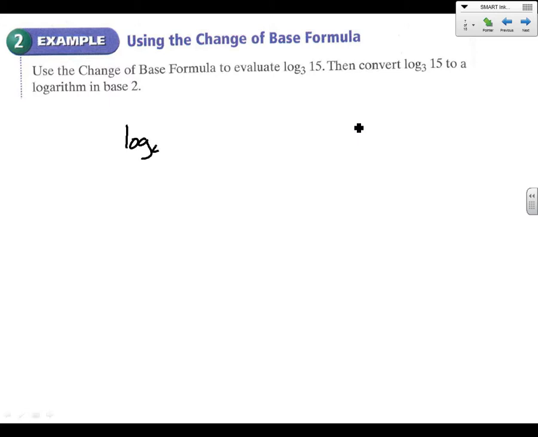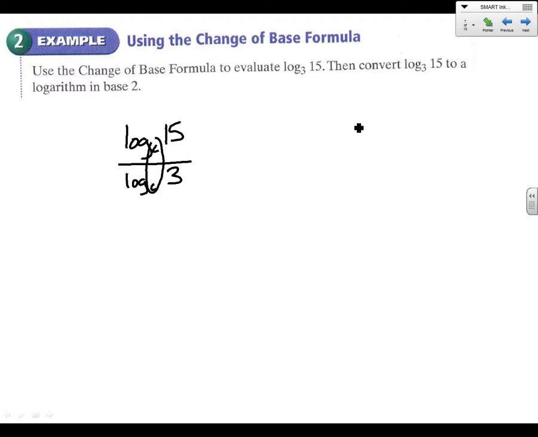So now, let's take a look at this problem. Use the change of base to evaluate log base 3 of 15. That's going to be log base whatever we want of 15, the big number, over log base c, whatever number we want, but it has to match up, of 3, the base, the smaller number. And then we want to convert it to a logarithm in base 2.